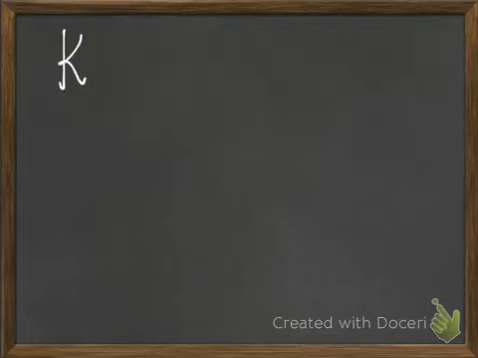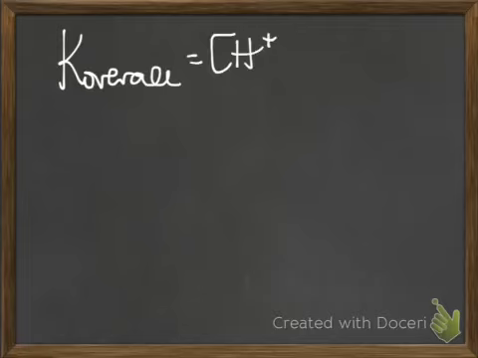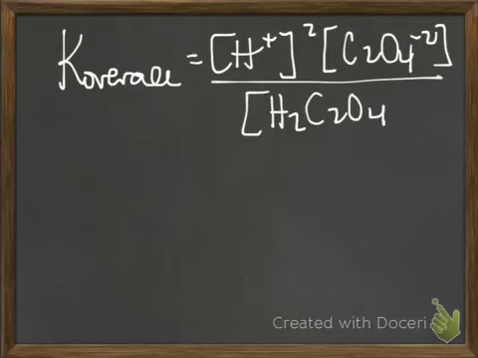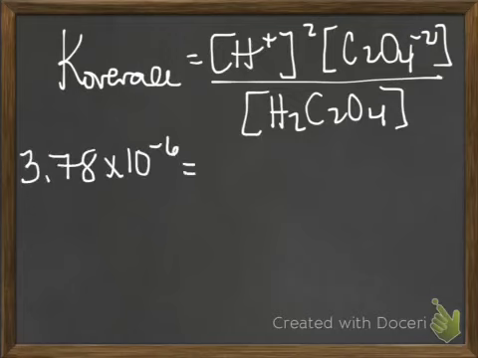So again, K overall, we're doing hydrogen squared, oxalate, over the oxalic. So K overall was, let me see, I don't have this written down, 3.78 times 10 to the negative 6 equals, the hydrogen value was 0.316 squared.